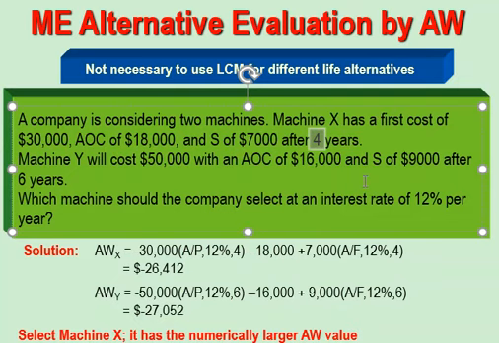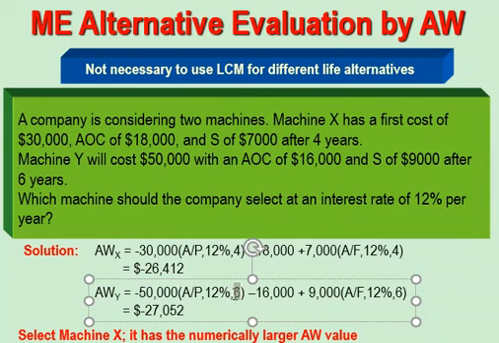What about the second machine? Also the same thing. The interval is 6 years. So I want to convert all my payments, including salvage value, maintenance fees, present worth, all these payments, every one of them into the A domain.